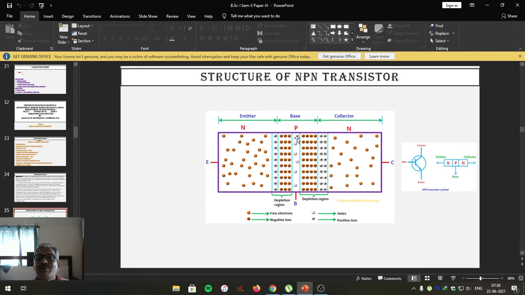And when holes come from the P region into the N region, a negative ion is created across the junction. This process of diffusion continues till the electrons will be repelled when they enter the P region, and holes will be repelled when they enter the N region. Hence, there is a creation of the depletion layer.